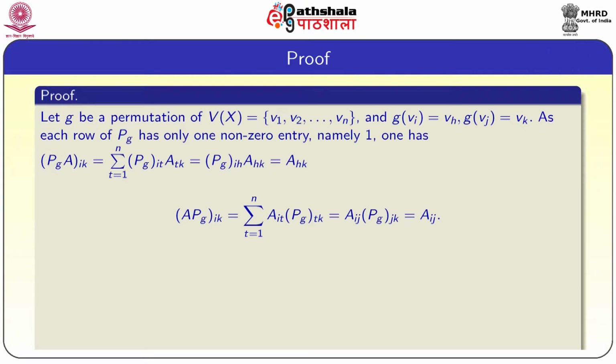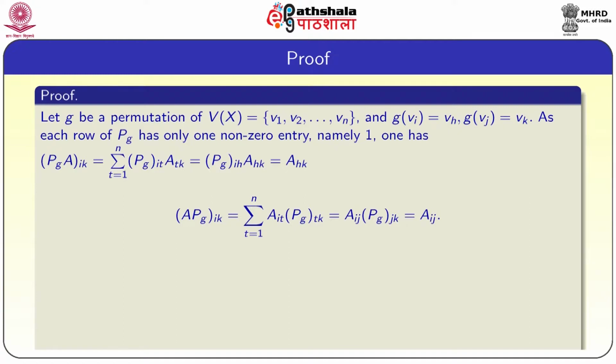Similarly, if you take A Pg, its ikth entry is the summation over t equal to 1 to n of A(it) Pg(tk). In this case, the kth column of Pg contains only one 1, exactly when Pg(jk) is 1, as G maps vj to vk. So, we are going to get A(ij).